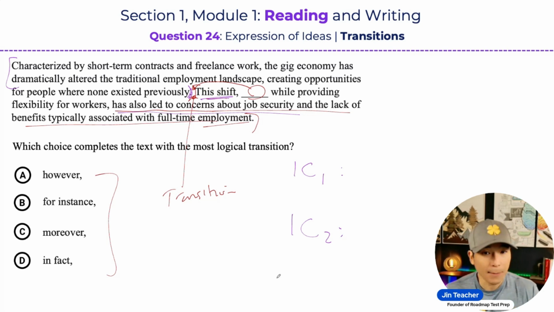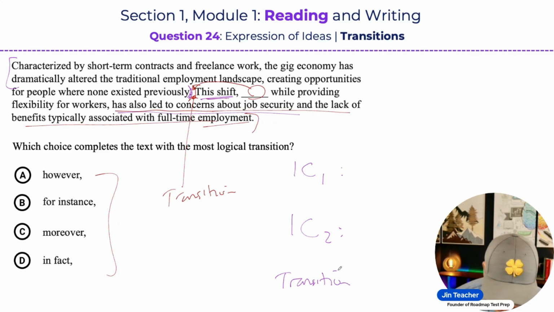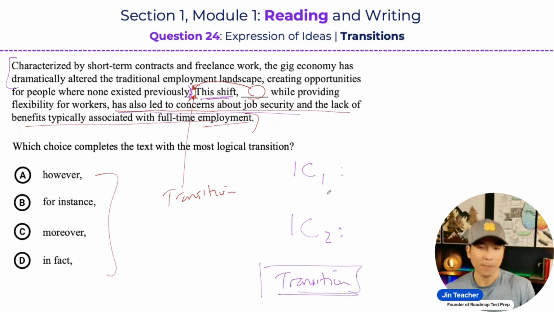Once we understand the second, we can think about the proper relationship between these two sentences. We also talked about how it's important to know how these transition words are used precisely, because one of the ways to answer transition questions correctly is by knowing what the relationship between these two independent clauses is not.